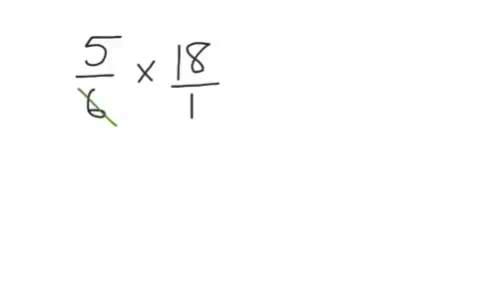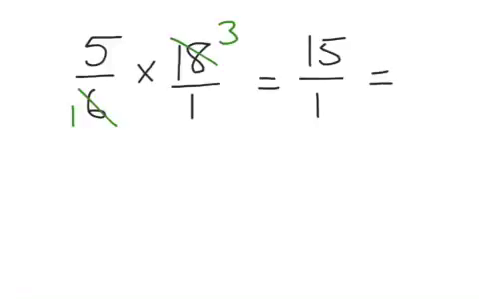Well, 6 divides into 6 once, and 6 divides into 18 3 times. There's nothing else that cancels, so 5 times 3 is 15, and on the bottom 1 times 1 is 1. And we should be able to recognise that anything divided by 1 is just itself, so 15 over 1 is 15.